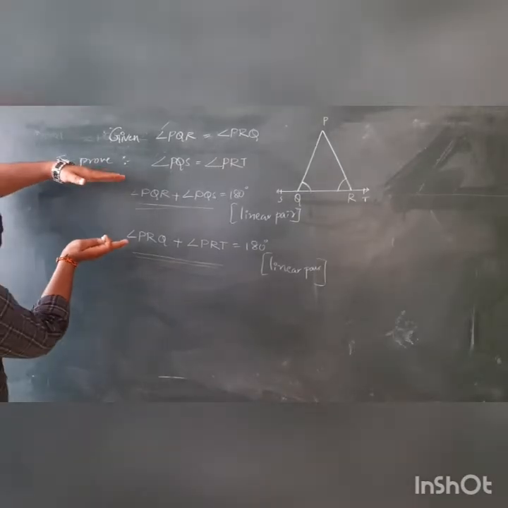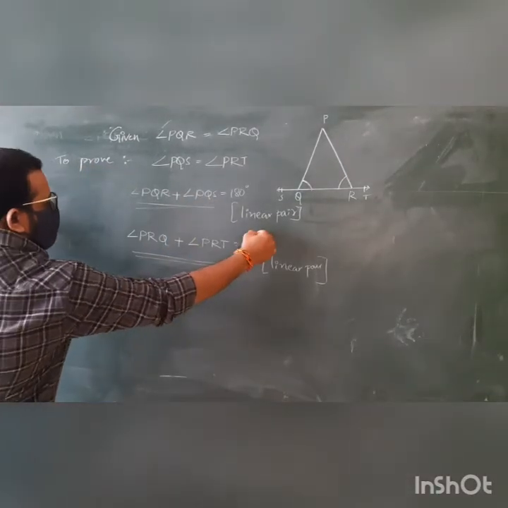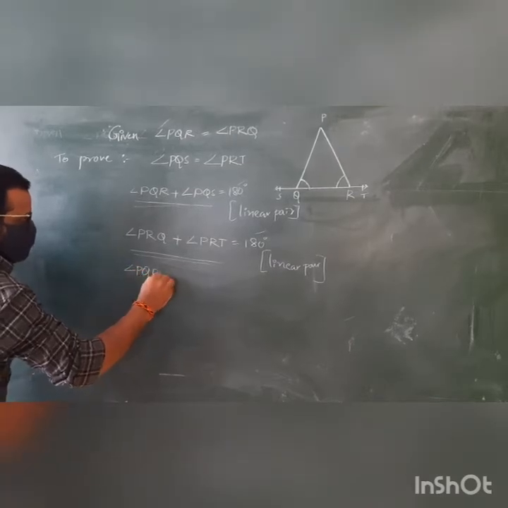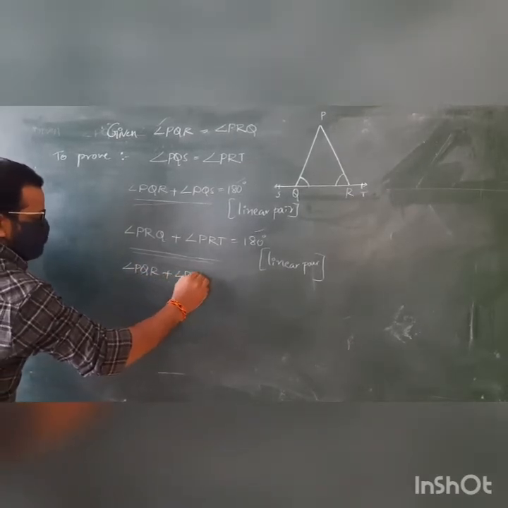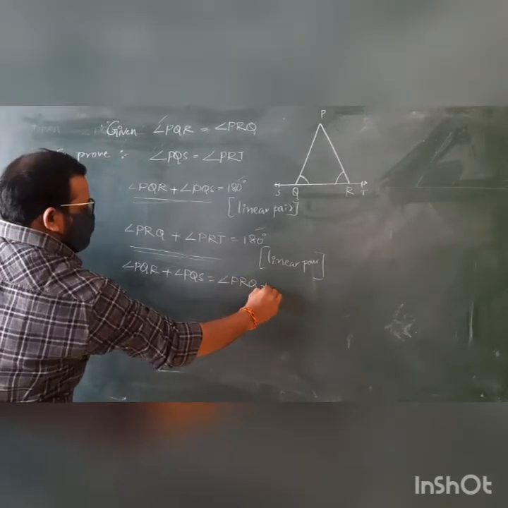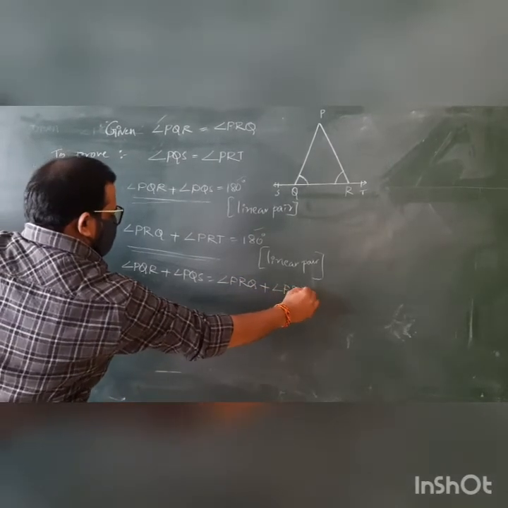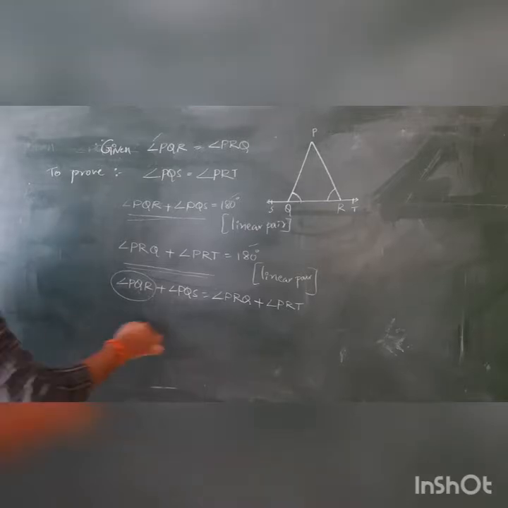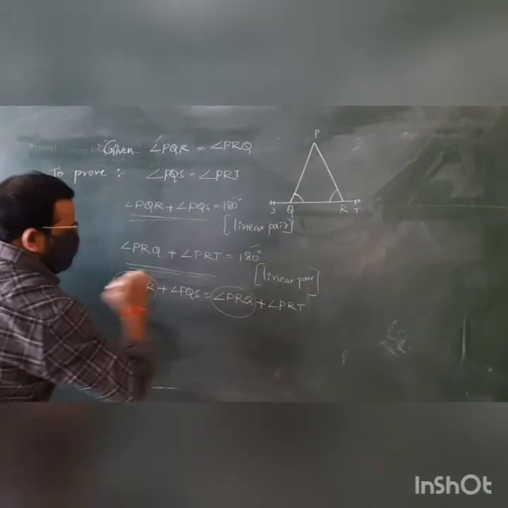We can equate these two because both are equal to 180. So angle PQR plus angle PQS is equal to angle PRQ plus angle PRT. Again here we can observe this angle PQR is equal to angle PRQ.